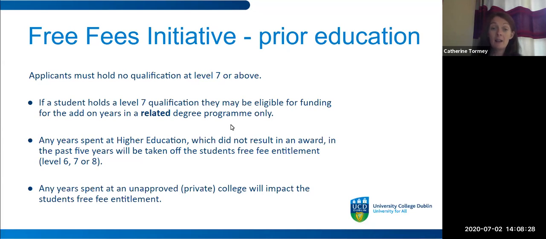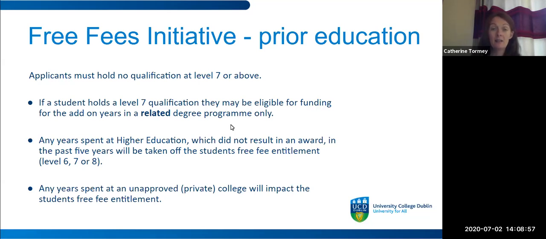Any years spent at higher education which did not result in an award in the past 5 years will be taken off the student's free fees entitlement. And by higher education, they refer to a level 6, level 7, or a level 8. So if, for example, a couple of years ago, you started a 2-year level 6, only completed 1 year of it, didn't do the second year, didn't come out with a qualification, then that single year would be taken off your free fees entitlement.